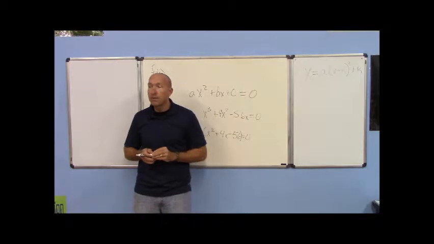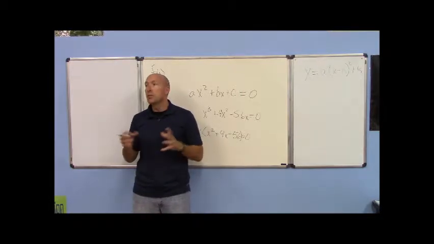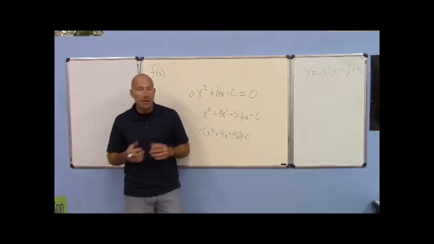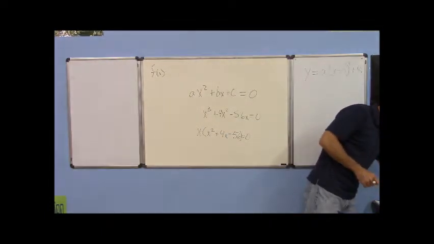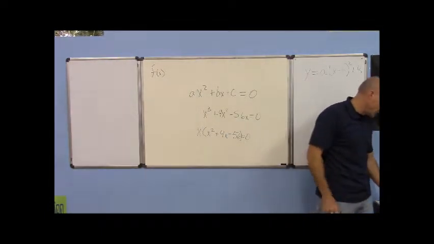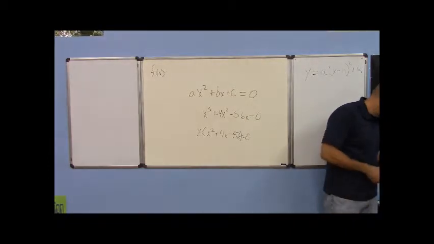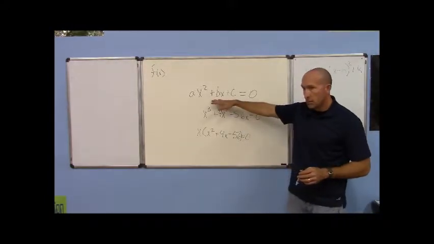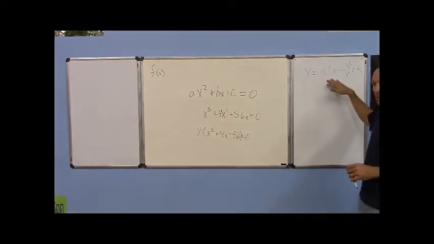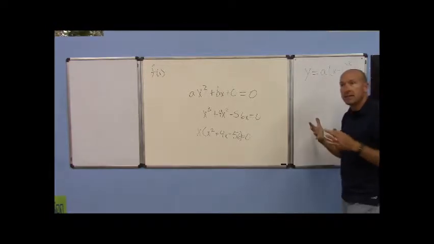If you're going to make furniture, you can use this in so many different ways, but it helps you get that visual behind what's going on. Okay, so let's look at example 1 together. We are changing the quadratic equation from its standard form here into this form here by completing the square.